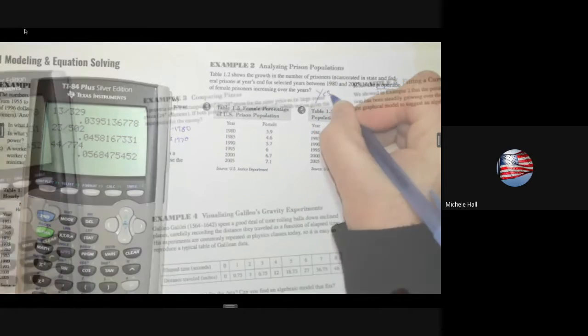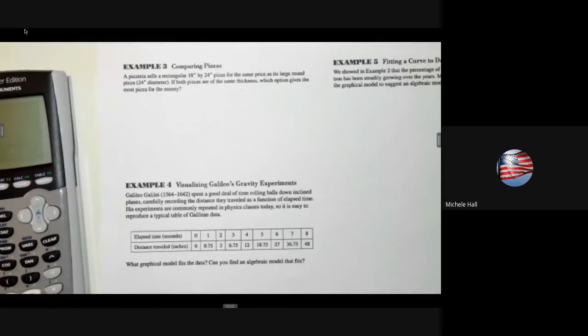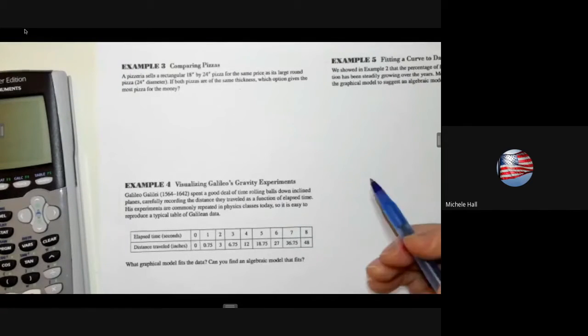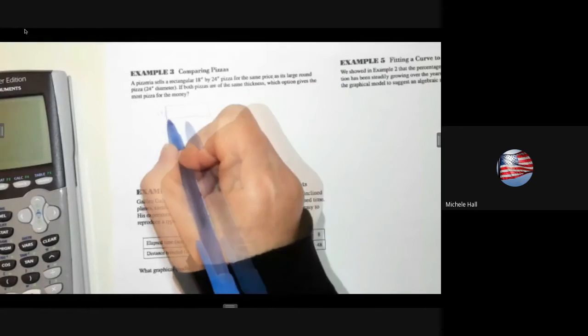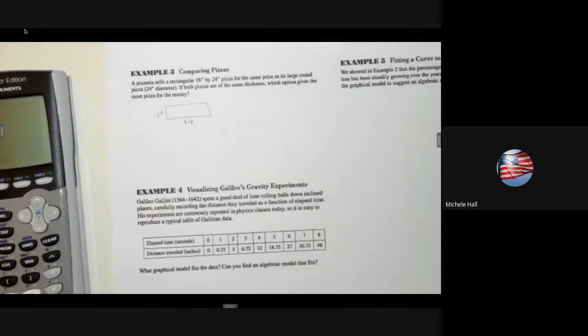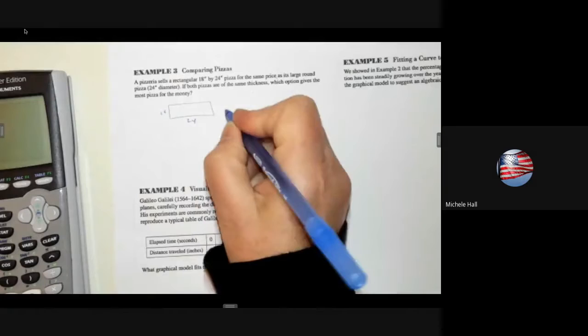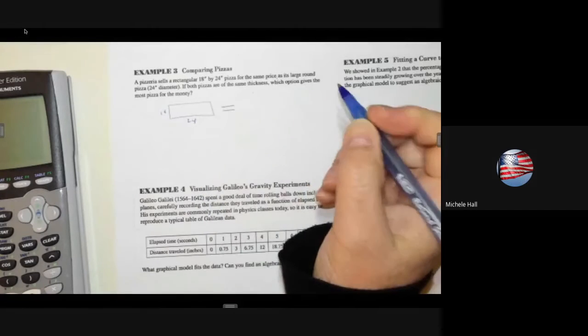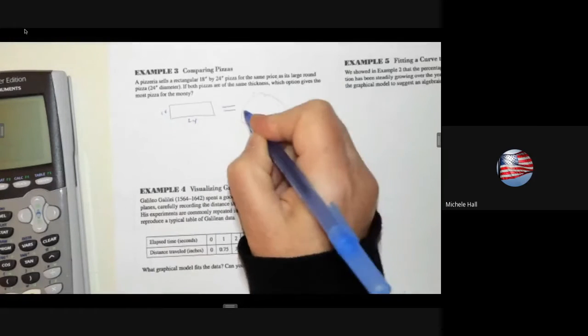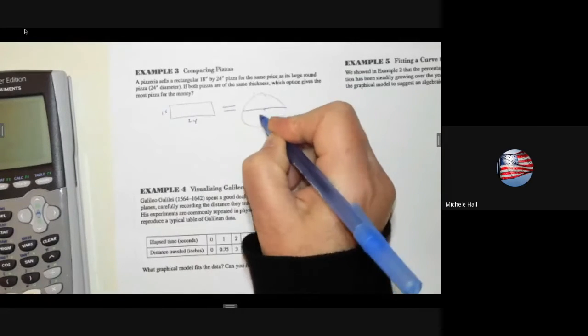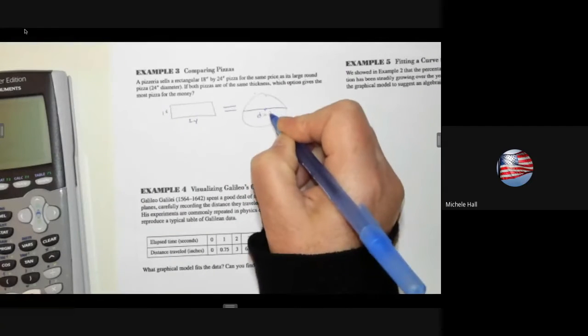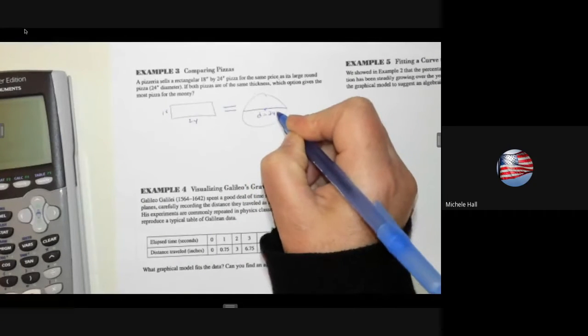Yes. Example 3. A pizzeria sells a rectangular 18 by 24 pizza for the same price as its large round pizza with a diameter of 24 inches.